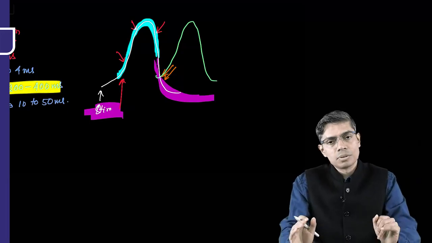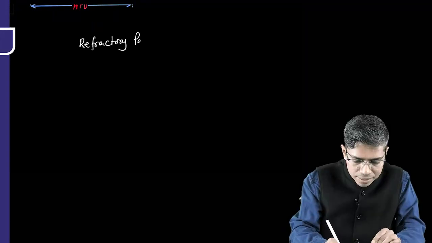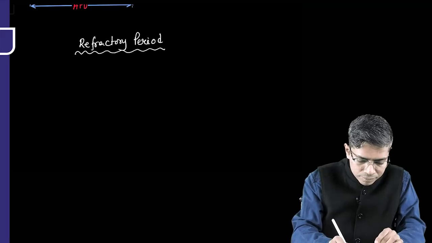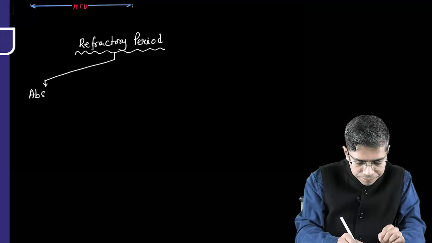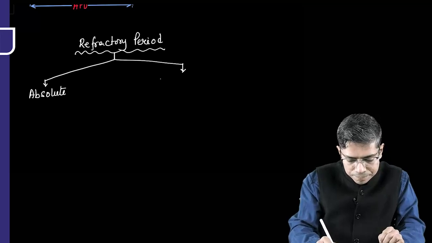I will explain, just hold on. First of all, I will write it down like this so that you understand better. So refractory period: absolute refractory period and relative refractory period.